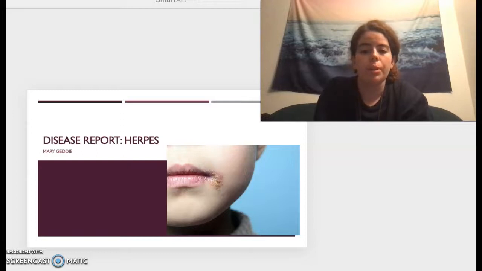So herpes is caused by two types of viruses, herpes simplex virus 1, HSV1, and herpes simplex virus type 2, or HSV2. Herpes simplex virus type 1, HSV1, often causes oral herpes as shown in the picture here. This typically results in cold sores or fever blisters on or around the mouth.